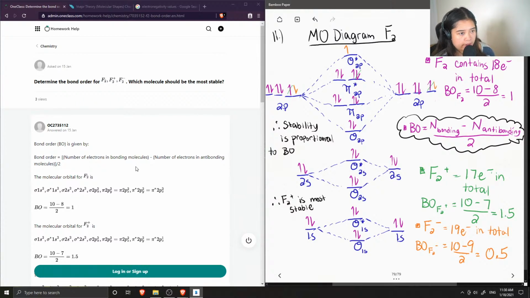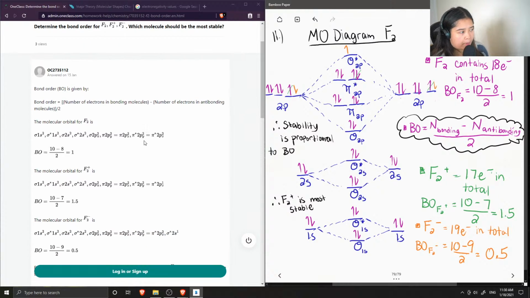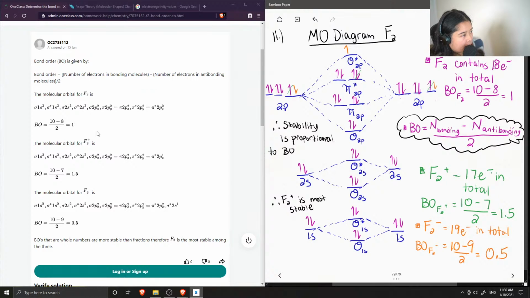So now let's see what the junior tutor said. Bond order is given by the number of electrons in bonding molecules minus the number of electrons in anti-bonding divided by 2. And they tried to write out the molecular orbital for F2.